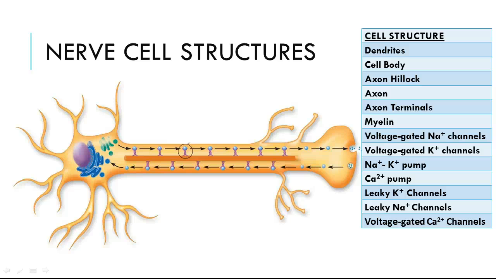What this means to us is that this is the part of the cell that's really sensitive to any change in depolarization. And if we want to simplify that even more, we can say this is where the nerve cell's threshold is established. This is anatomically where the threshold is established for a given nerve cell.